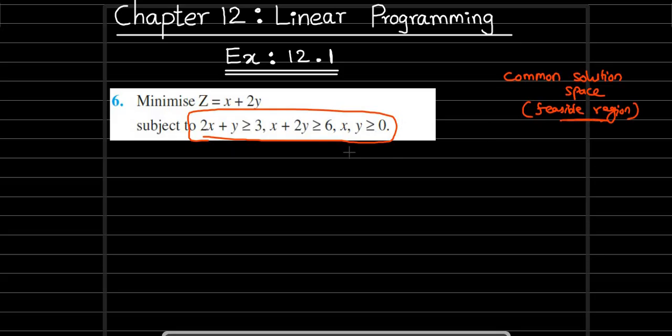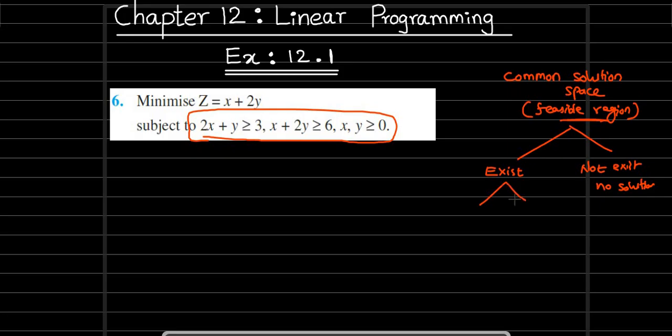We need to identify whether a feasible region exists for the four inequalities, I mean, whether a common solution space is available or not. We are going to check if it exists. If it does not exist, then there is no solution for the given Z.